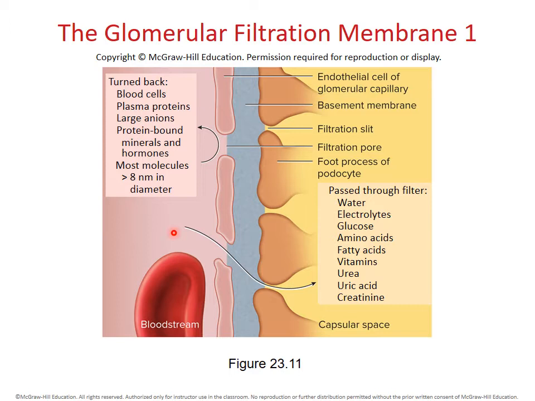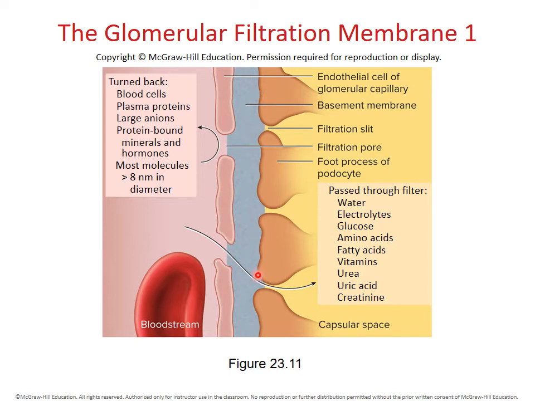So what are the layers of this membrane? Again, somewhat reminiscent of the respiratory membrane, there are 3 layers. There are 2 cell layers and a shared basement lamina, or basement membrane, between them. The first layer, again, like the respiratory membrane, is the squamous epithelium of the capillary, the glomerulus.